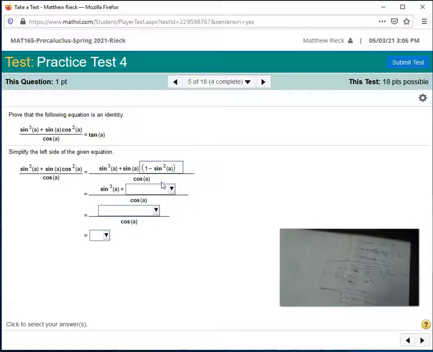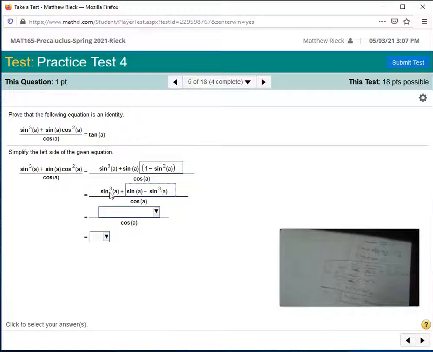All right, so then in this case, I distribute the sine through. Sine times 1 is going to be sine, and then sine squared times sine is going to be sine to the third. So we have sine of a minus sine to the third of a.